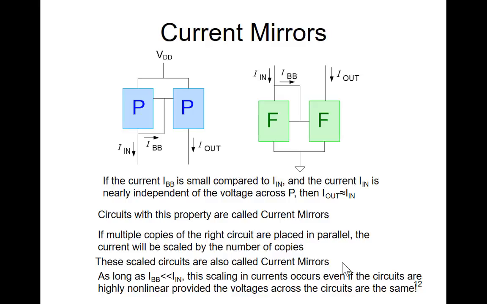So if the current IB is small compared to IN, and the current IN is nearly independent of the voltage across it, then Iout, this current here, is approximately equal to IN. Of course, if we change the sizing of the devices, we could even make a gain from IN to Iout, or an attenuation. So these kinds of circuits are called current mirrors.